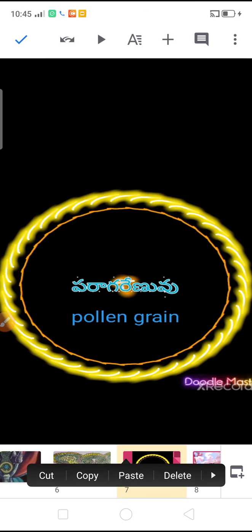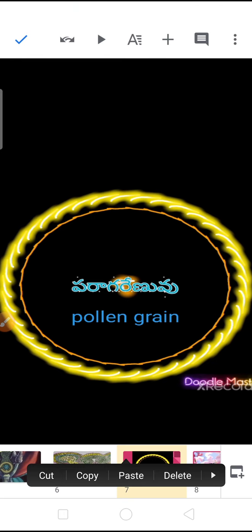Coming to the microspores, which are pollen grains. The microspore mother cells undergo meiotic division and produce microspore or pollen tetrads. The microspore or pollen grains are uninucleate, single celled and globular. The outer layer of the pollen grain is made up of pectin and the inner layer is made up of cellulose.